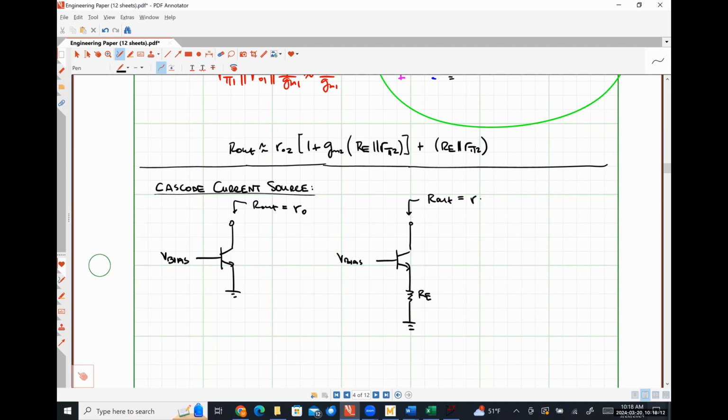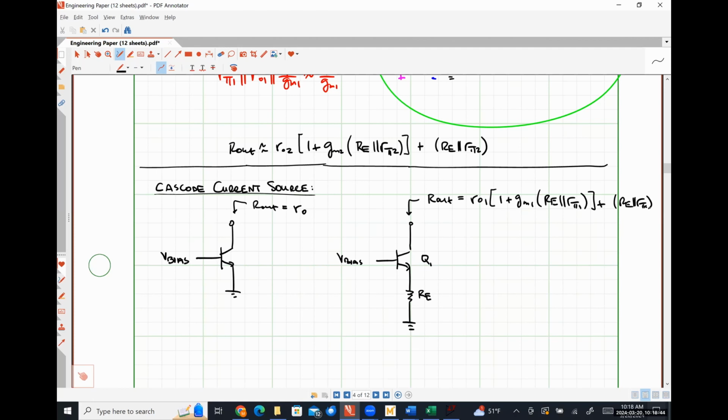So I'm going to say that this is probably going to be r_o1 times (1 + gm1 times (RE in parallel with r_pi1)) plus (RE in parallel with r_pi1), where this is transistor Q1.